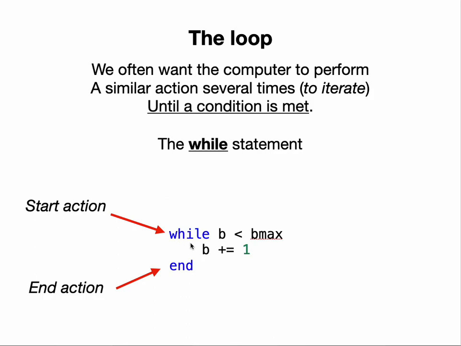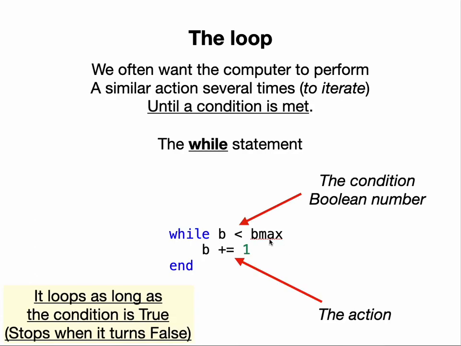The while statement starts with a while, ends with an end. Next to the while statement, you should give the condition for which the desired action is going to be repeated. So here we have b less than b max. And this is actually a Boolean. That is a condition. This action will be repeated as long as b is smaller than b max.